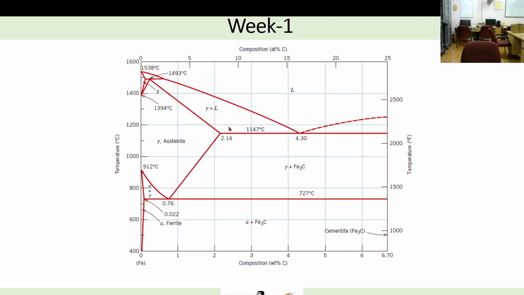So for our importance, that is steel. Steel is up to a carbon percentage of 2.14, and beyond that it will be cast iron, right? At different temperatures and different carbon percentages, the phases will be changing, and accordingly the properties will be affected.